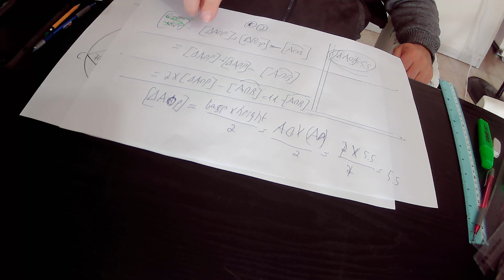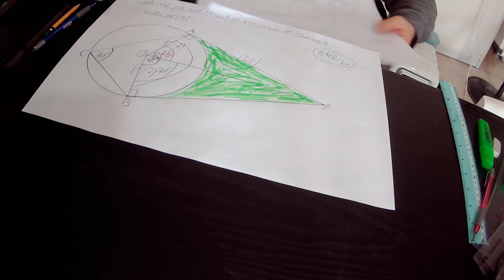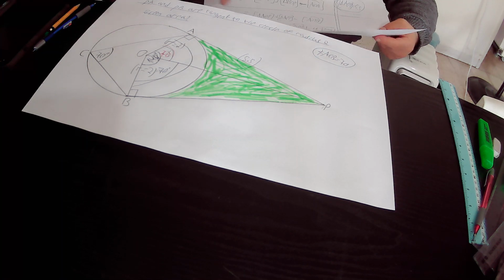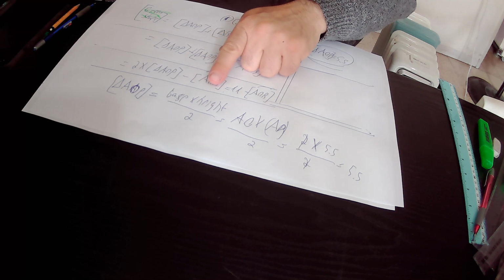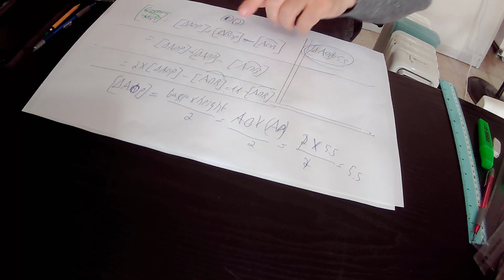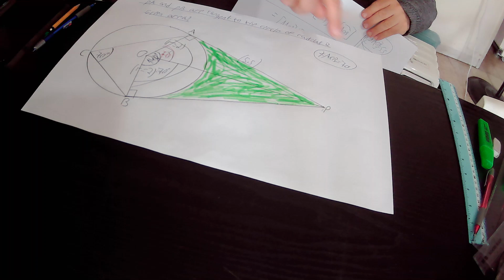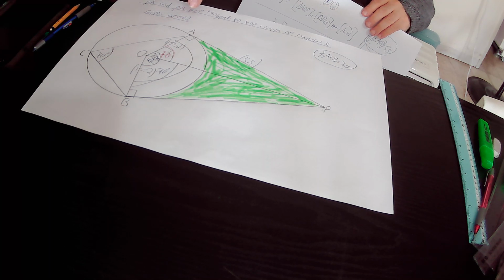Okay, so what is the area of the right upper triangle AOP? The area of any triangle equals the base times the height over 2. The base of this right upper triangle AOP is side AO, and therefore the height is AP. Why?